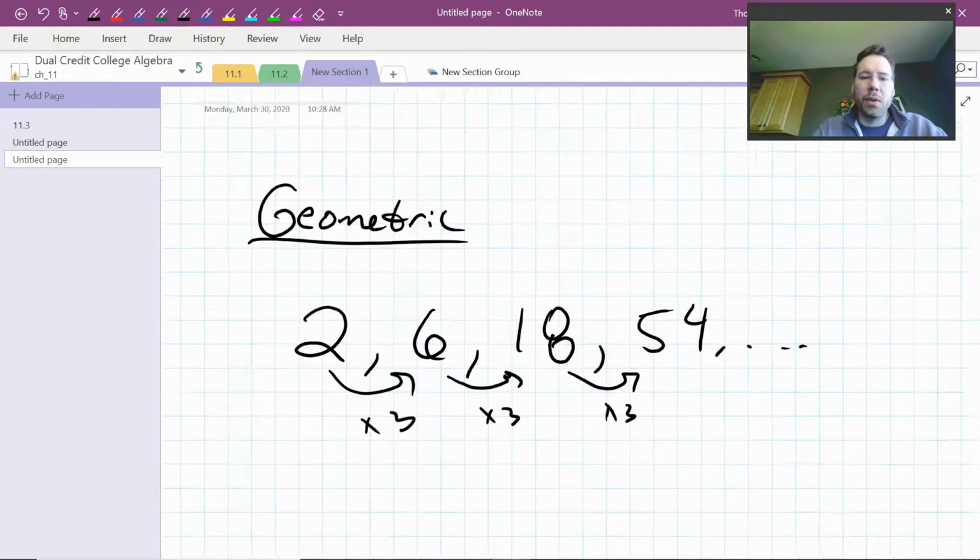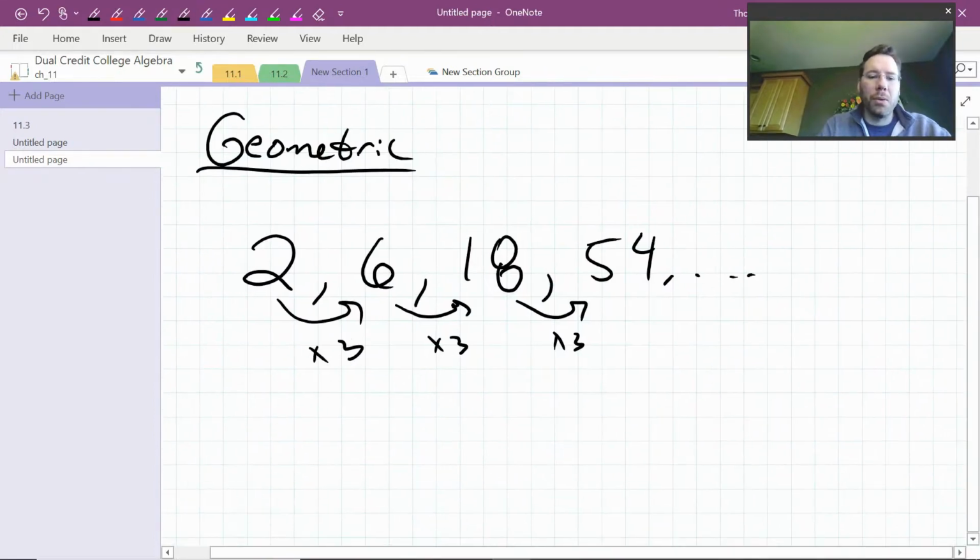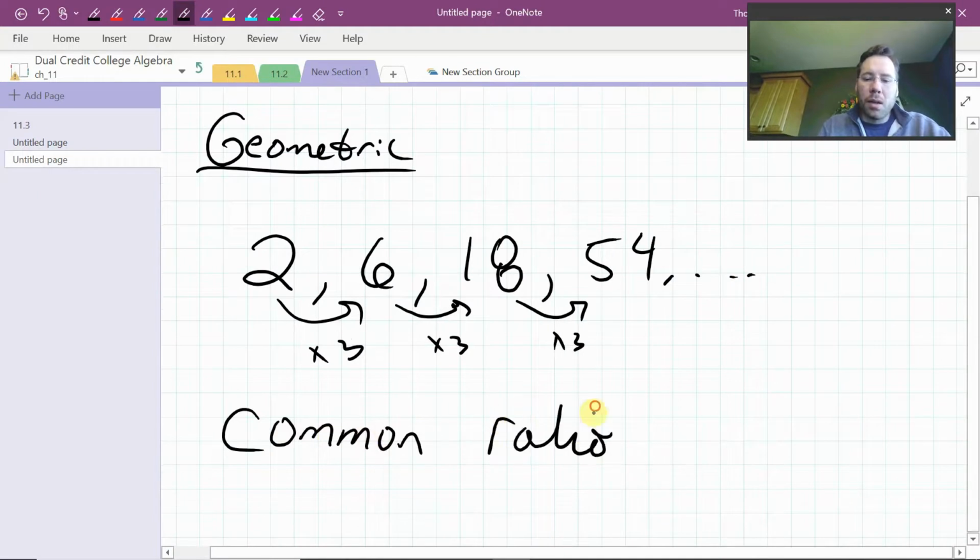And so this is really what geometric is about. We say a common ratio, and that's similar to that common difference.